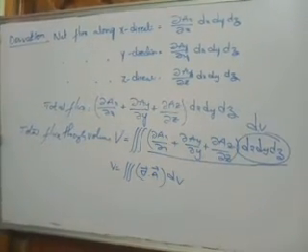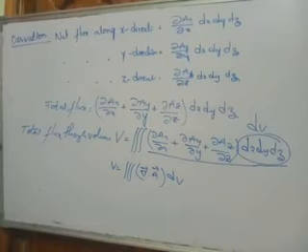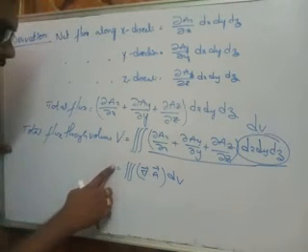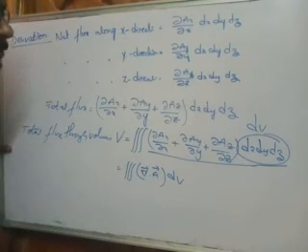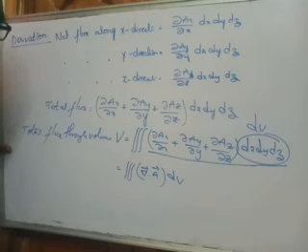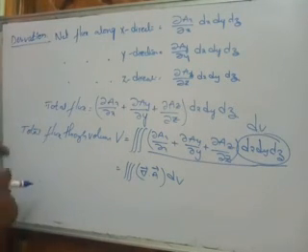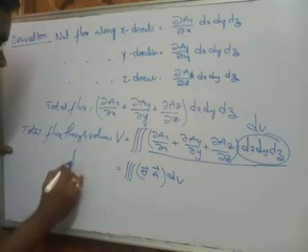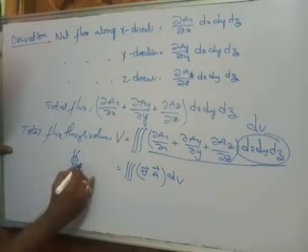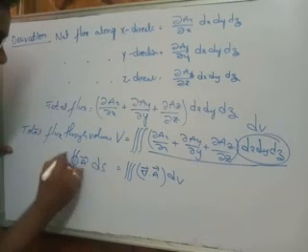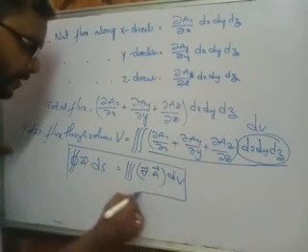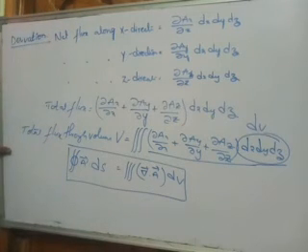So according to the definition, the total flux through the volume element V is equal to the surface integral of the normal component of a vector taken over a closed surface, that is equal to the double integral A bar dot ds, that is equal to the triple integral del dot A bar into dv.